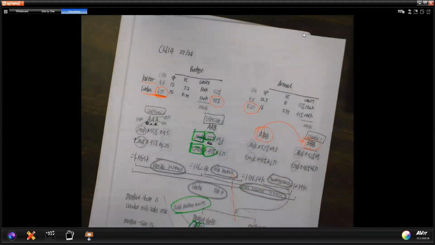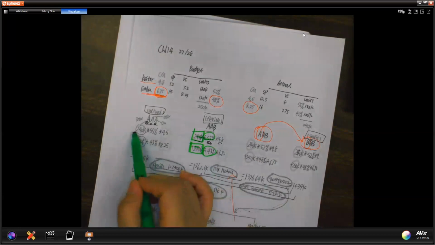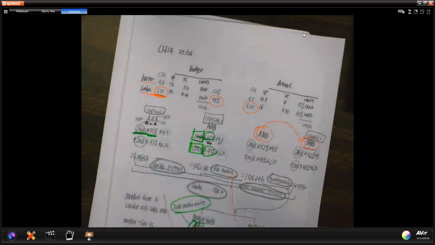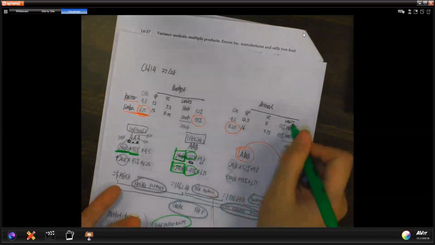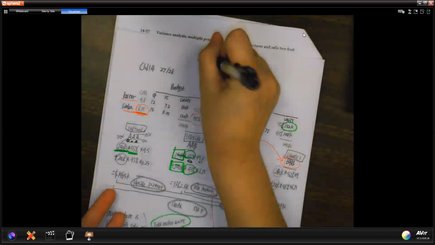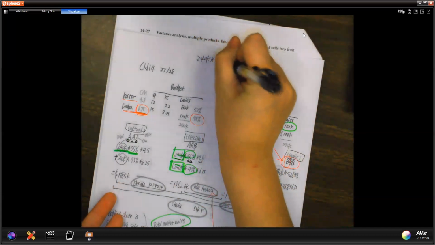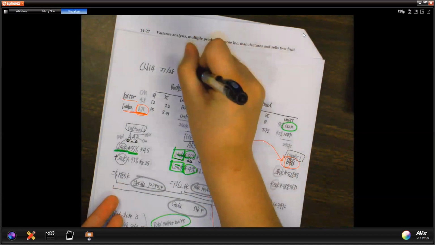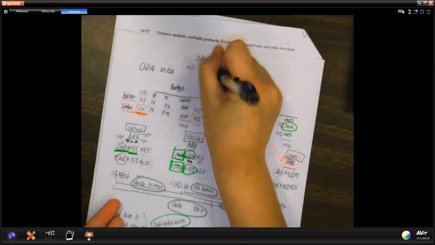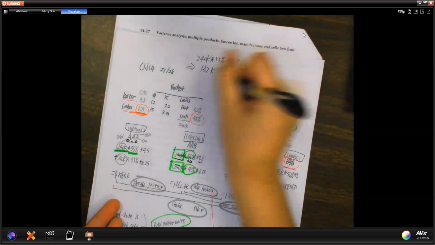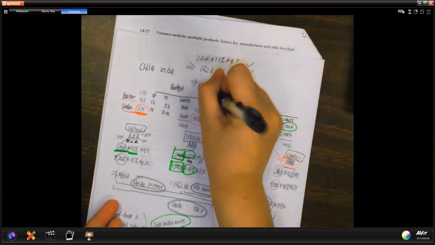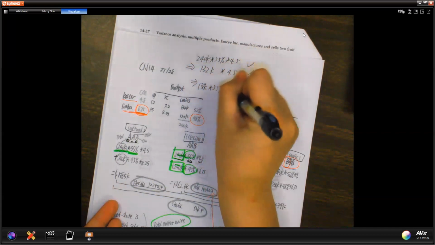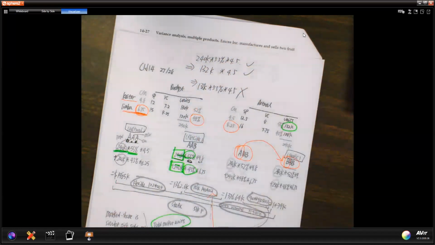Either you use 240,000 times 55% times your contribution margin, or it's the same as 132,000 times your contribution margin. So either one is right, but never ever do 55% again. This will be wrong.